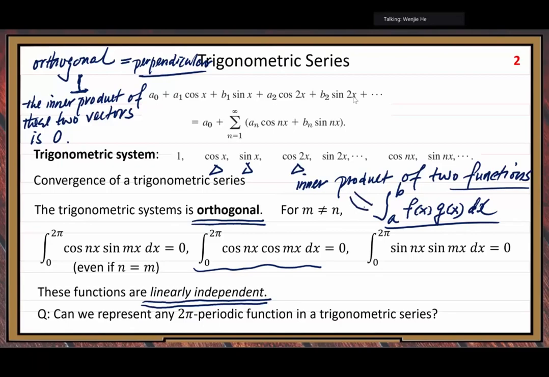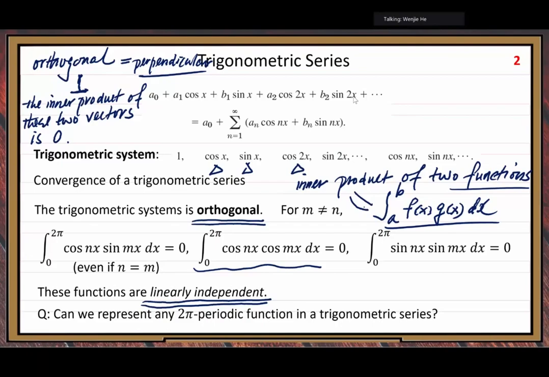An inner product should have some properties. This definition, we can check, follows all the properties required by the inner product concept.